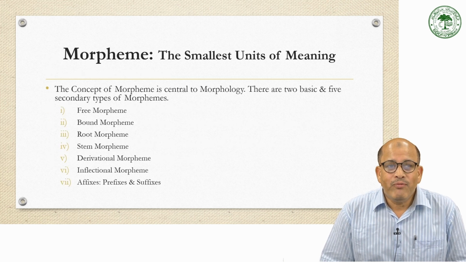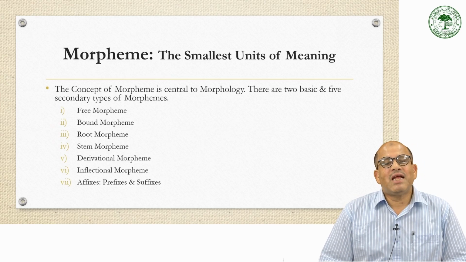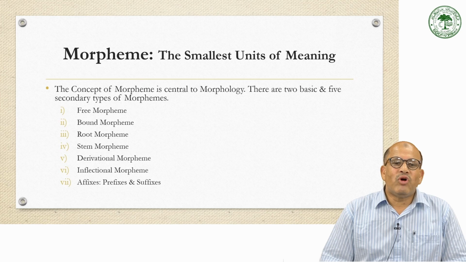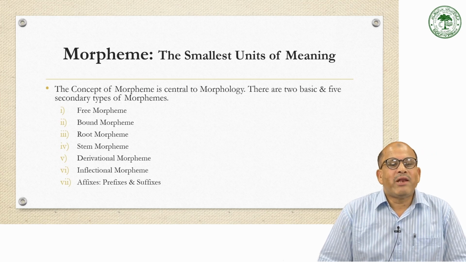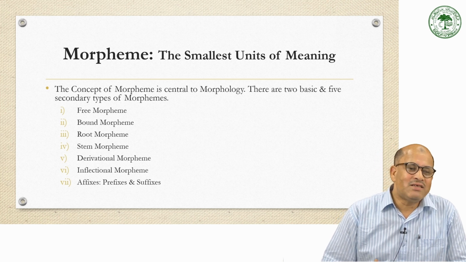The concept of the morpheme is central to morphology. So the first thing that we need to understand in morphology is the morpheme, which is the smallest unit of meaning. When we say smallest unit, we are talking about the minimal unit in any language. There are 2 basic and 5 secondary types of morphemes, and we will take up these types in detail in our next lecture.